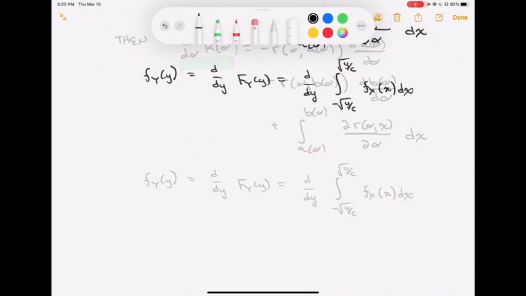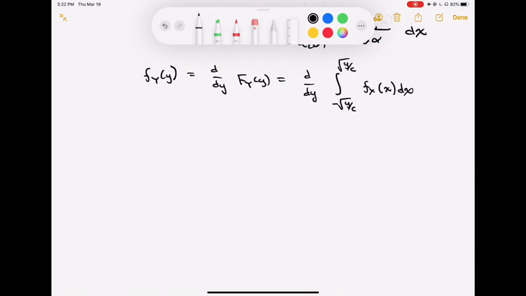I think I got that right. So for us to be able to find the probability density function Fy of y, all we need to do at this point is identify which pieces correspond to those things from Leibniz.